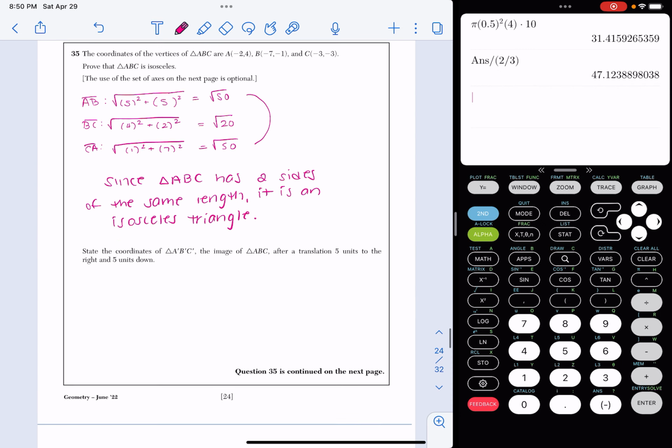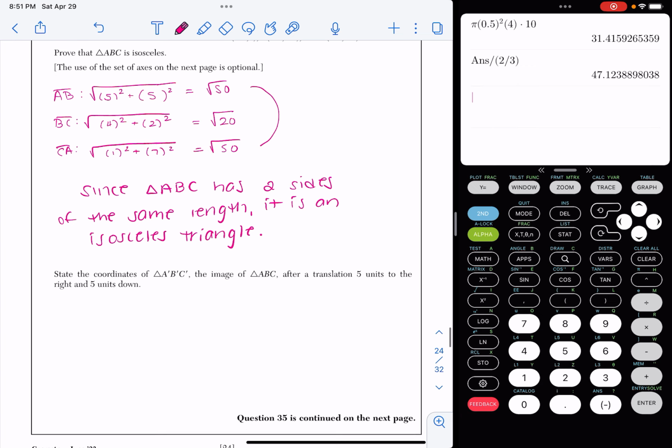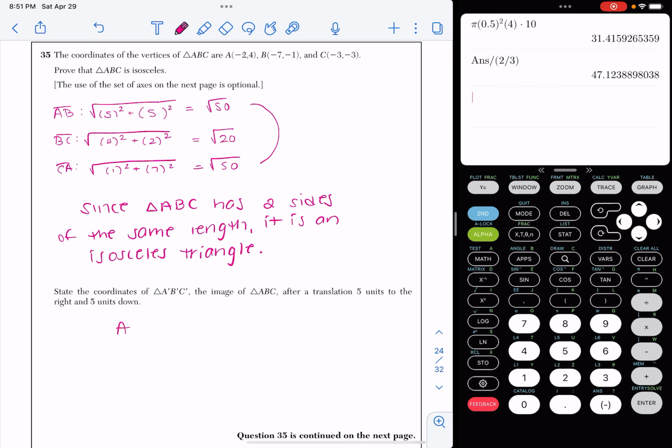All right, the next part: state the coordinates of triangle A prime, B prime, C prime, the image of triangle ABC after a translation 5 to the right and 5 down. Okay, so A was -2, 4. That basically means I'm doing a translation of 5, -5. So I'm going to add 5 to the x coordinate and subtract 5 from the y coordinate, giving me 3, -1.